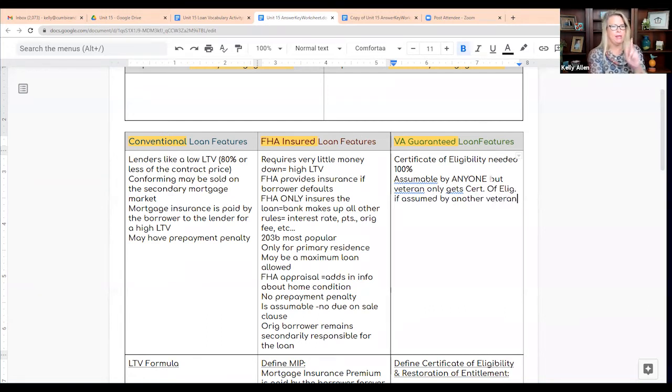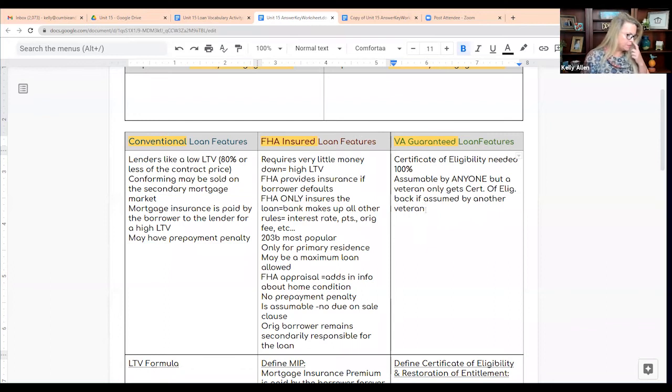Okay, assumable by anyone, but a veteran, let's put a veteran, only gets certificate of eligibility back if assumed by another veteran. Okay, that's good enough. All right, let's see.